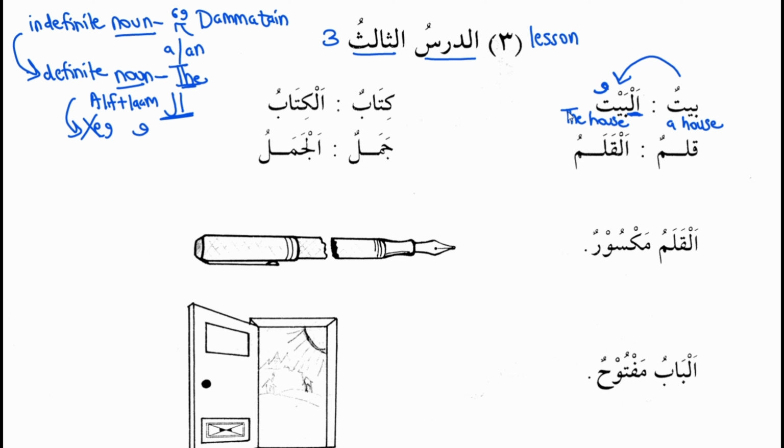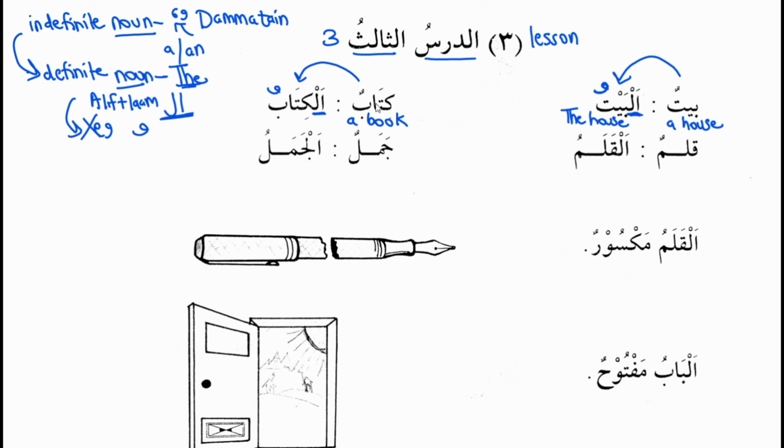Now likewise we'll do for the next example. It is kitabun. We know that kitabun means a book. Now to make this indefinite noun definite, we will add alif lam before the noun, and then we will eliminate one of the dhamma here, and we'll just put one dhamma on top.